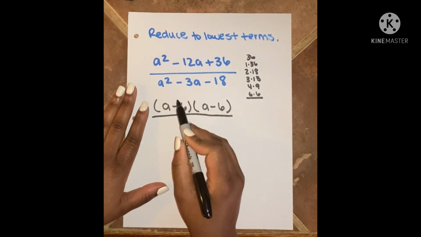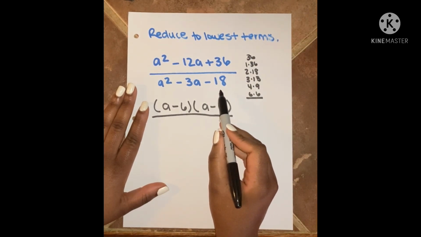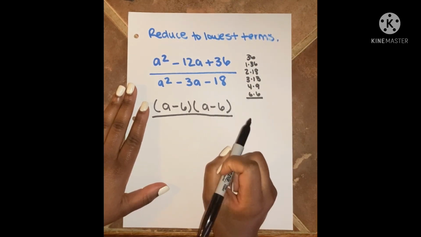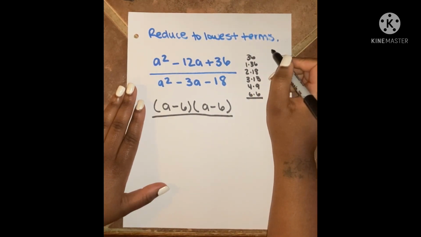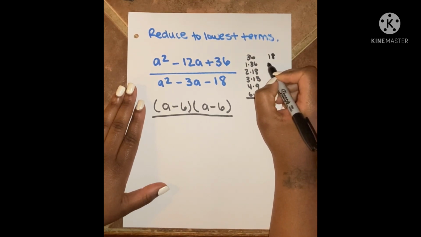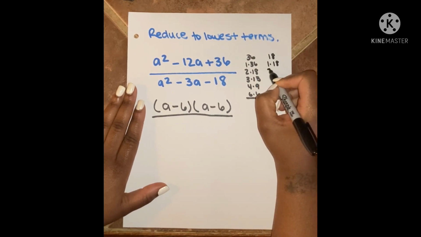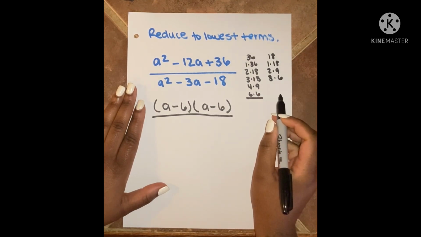Now we have our second polynomial, where we have to have two numbers that multiply to give us a negative 18 and two numbers that add together to give us a negative 3. There we have 1 and 18, we have 2 and 9, and we have 3 and 6.